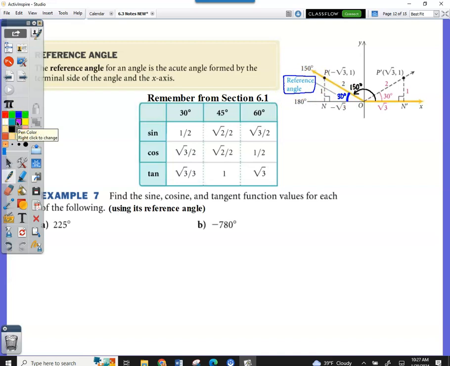Let's take some notes right here. The reference angle is always acute. Not ugly, but acute one. I'm sorry.